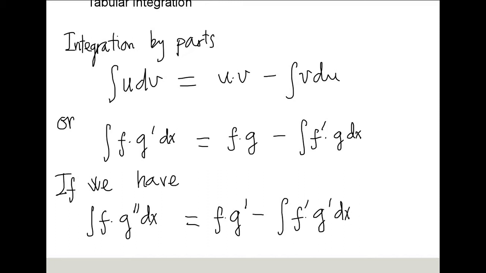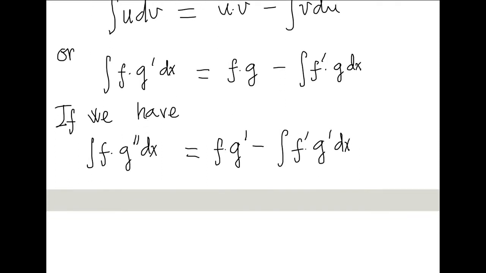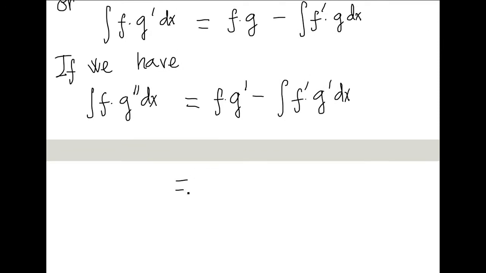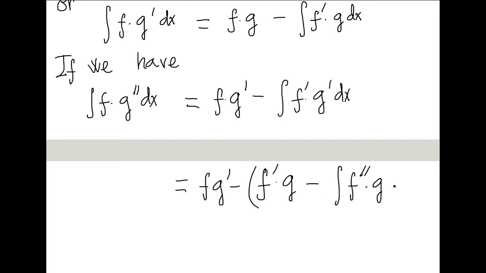But now we may use the formula again. So then we have the integral of f prime times g prime here will give us integral of f prime times g minus the integral of f double prime times g dx.